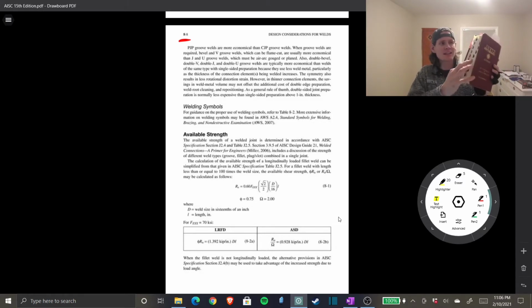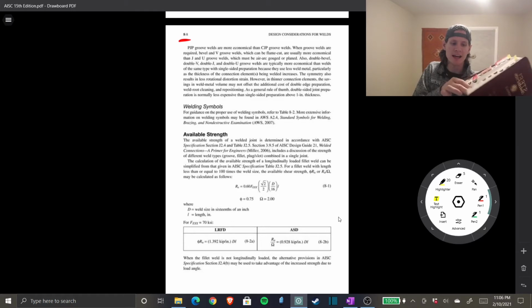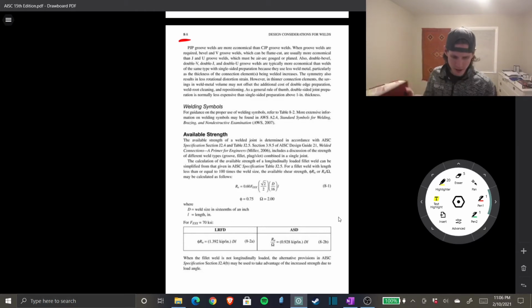You have on the side here, besides my pre-made tabs, the already created indented index tabs that come with this book, and you will actually go to the weld tab itself, and that is chapter 8, all about welds.